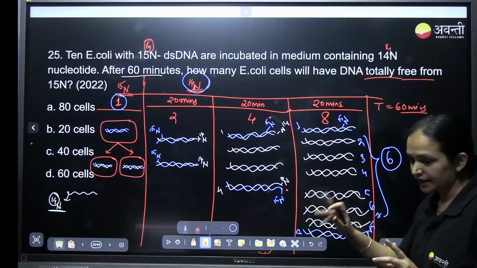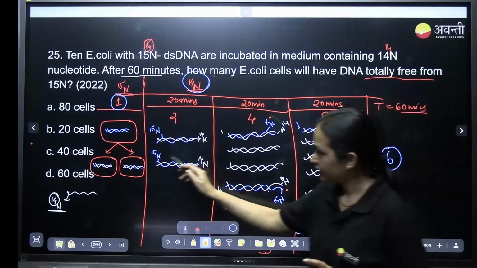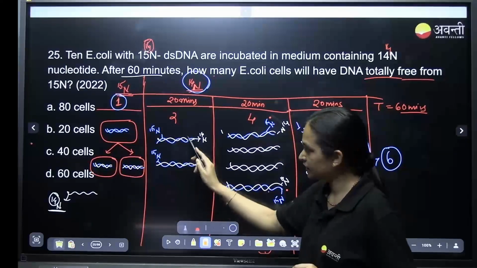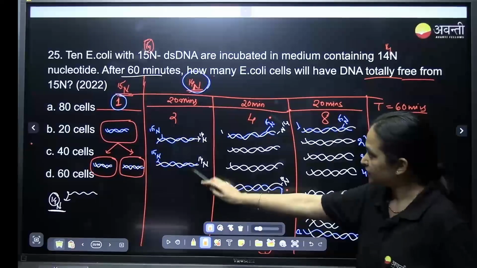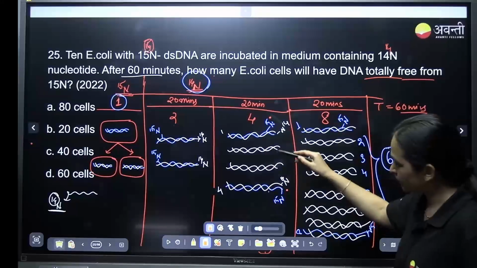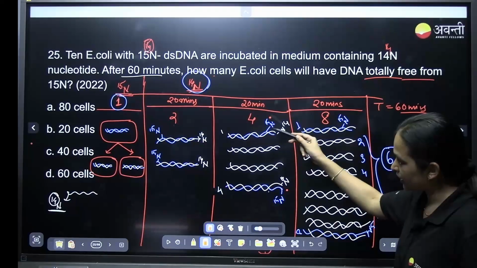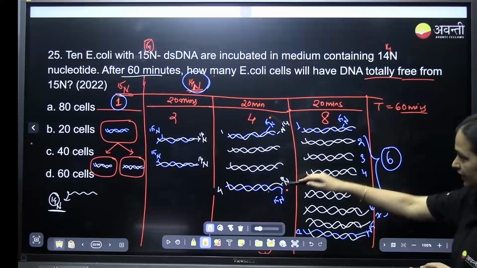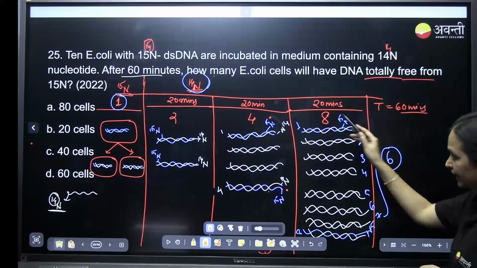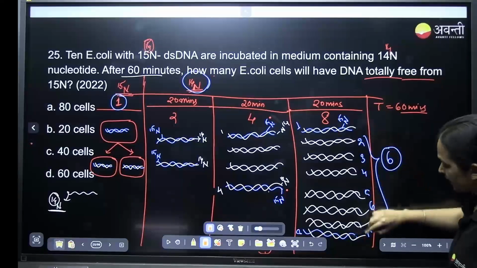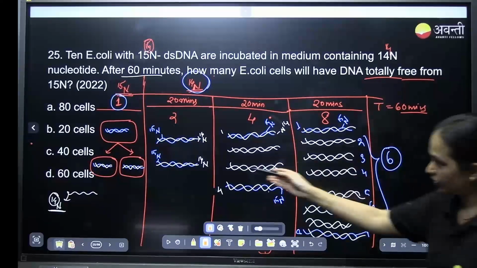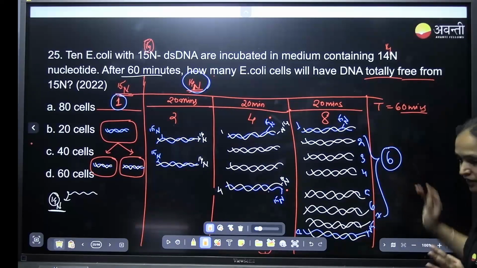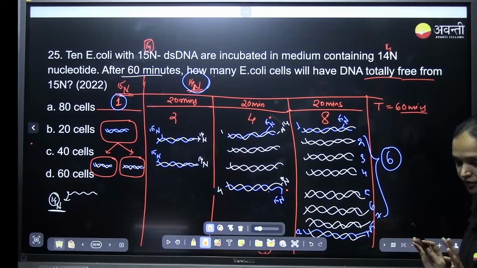If you multiply by 10, okay, here 1 becomes 10. If it is 10, then these 20 will have this type. 20 to 40: in 40, 20 will have normal and another 20 will have the heavy isotope. Multiply, like 80 into 8 into 10, 80. In 80, again 20 will have, or these 20 only, these 20 will have the heavy isotope and these 60 will have the normal N14.